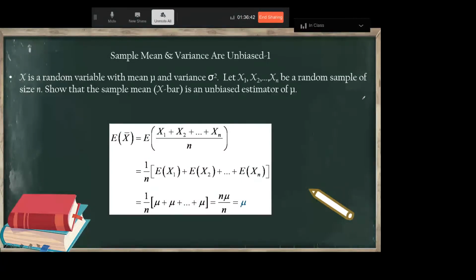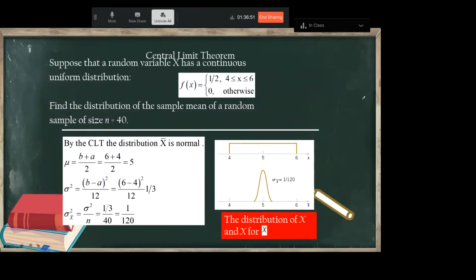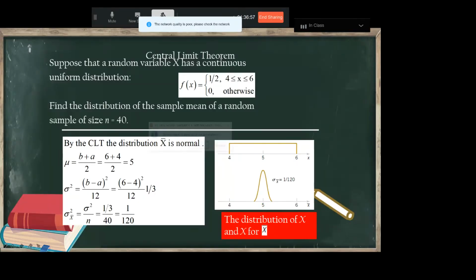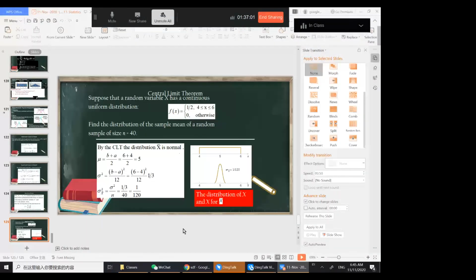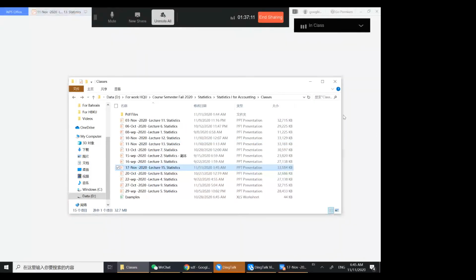Next week we will try to prove these properties of unbiasedness, right? Then we come to the central limit theorem, and then we will go further as well. So it's not finished, so we will talk further. That's for 17th November.